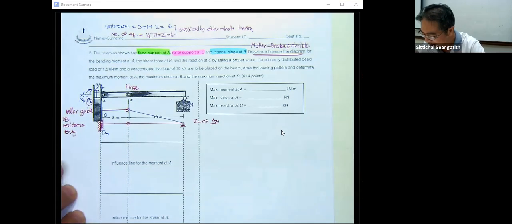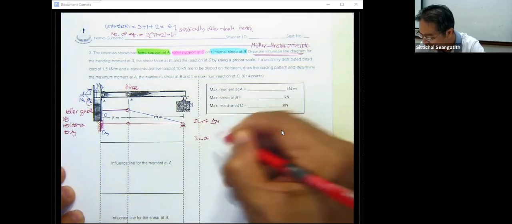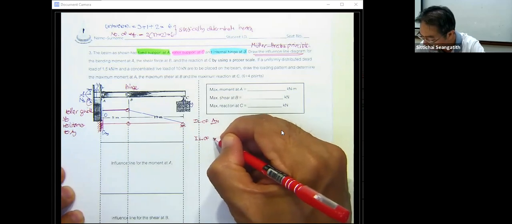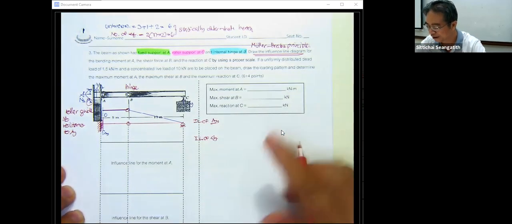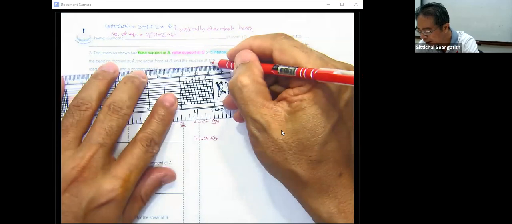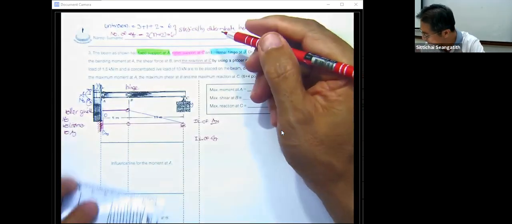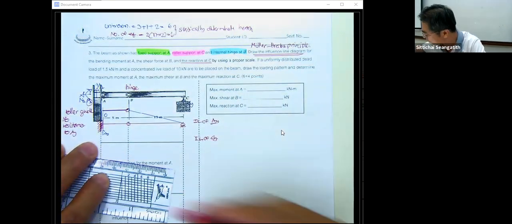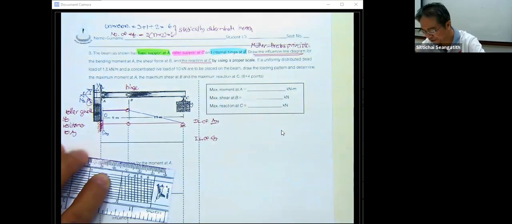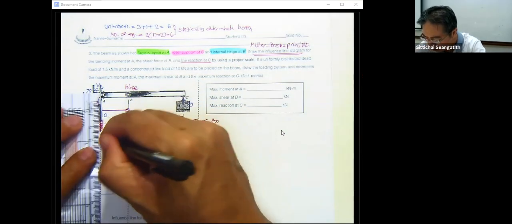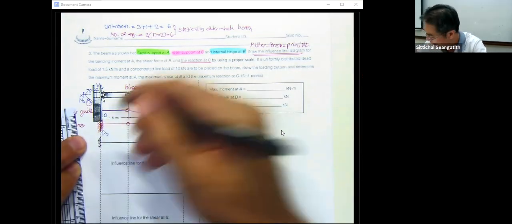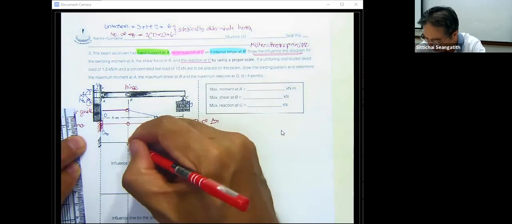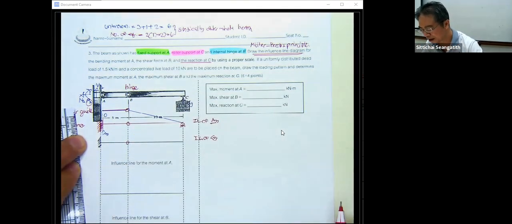Okay. And then if you'd like to draw the next influence line, let's see, C sub y. This is also the same, where we have the reaction at C. That means we still keep the fixed end here fixed, and this one is going to be the hinge.